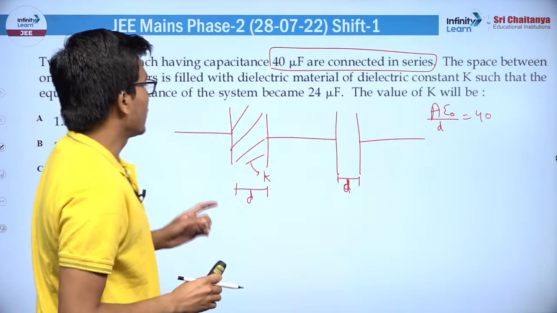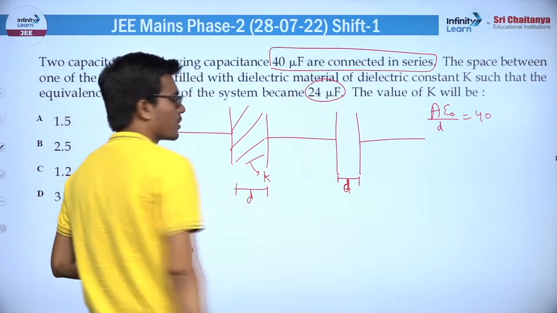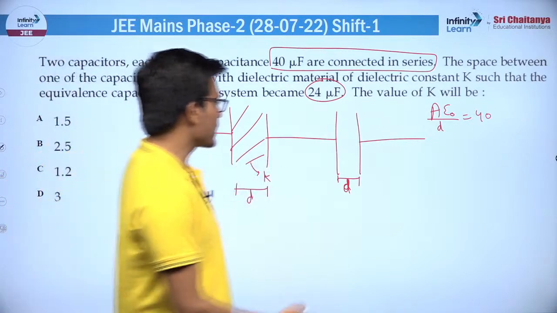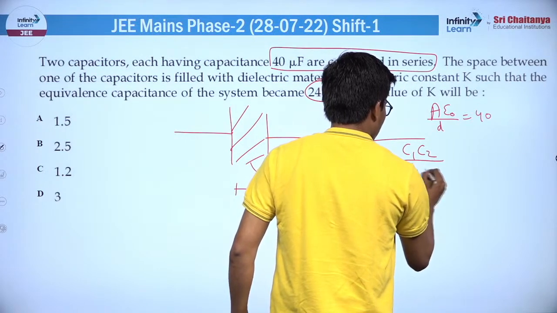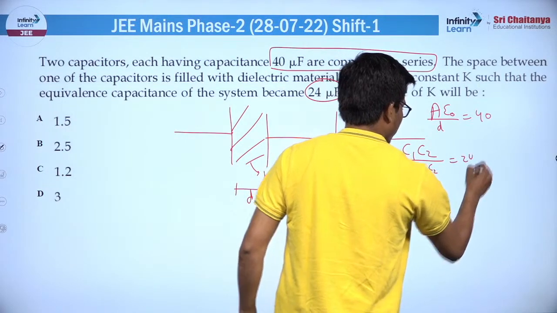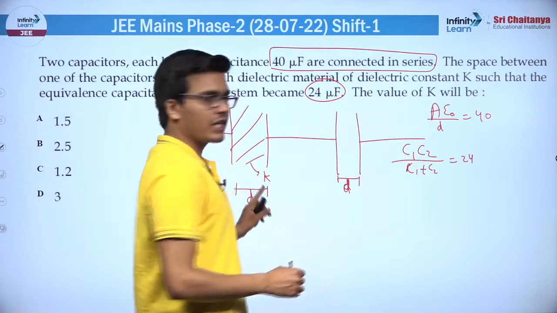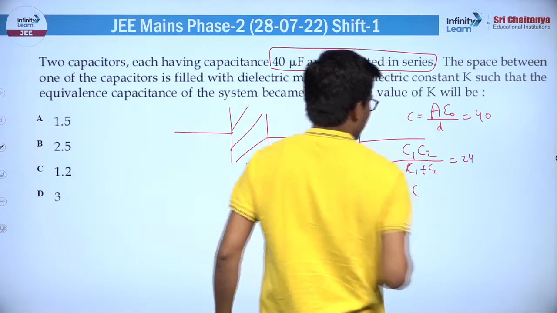Now dielectric constant K is given, and in this case the equivalent capacitance becomes 24 microfarad. So you know that in series the equivalent capacitance is written as C1 C2 by (C1 plus C2), that is given to you as 24. C1 is the capacitance of this one. If you have filled it with the dielectric constant, it will become KC, let me say it C, right?